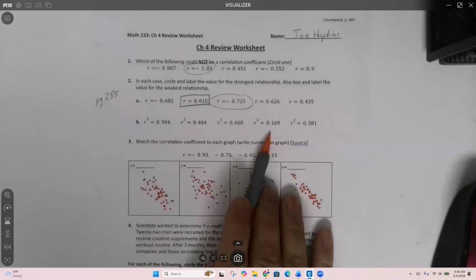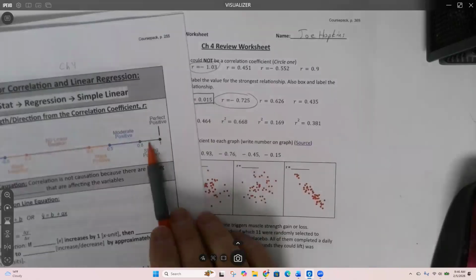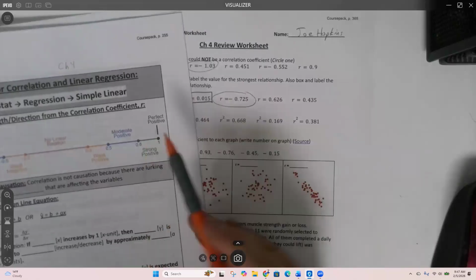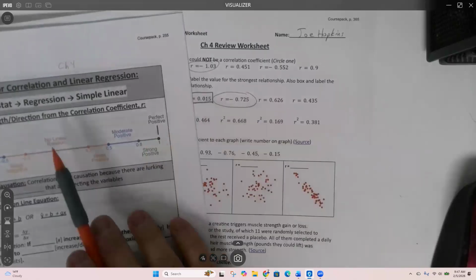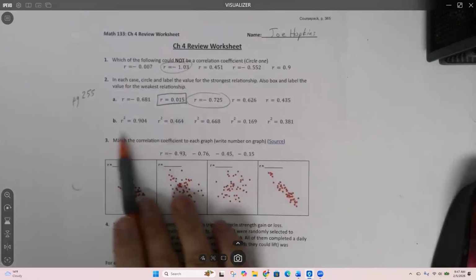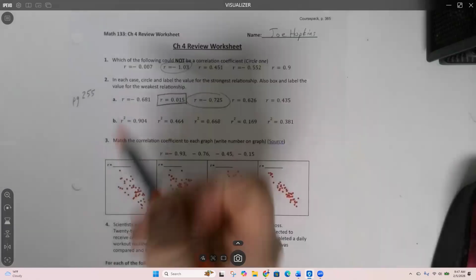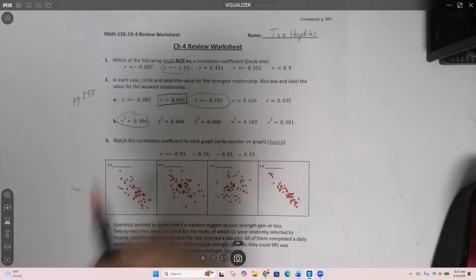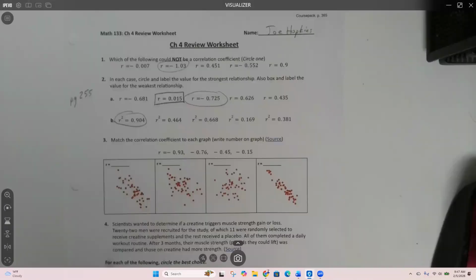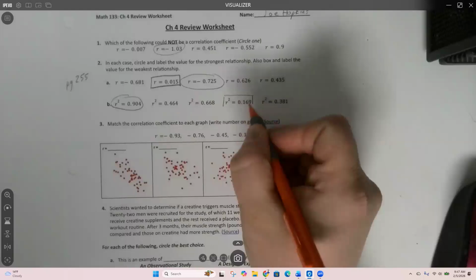If you take a large number like 0.9 and you square it, you'll get 0.81. If you take a very small number like 0 and you square it, you still get 0. So the strongest relationship will be the one that is the biggest. So the biggest one here is this one, and we'll put a box around the one that's the smallest.